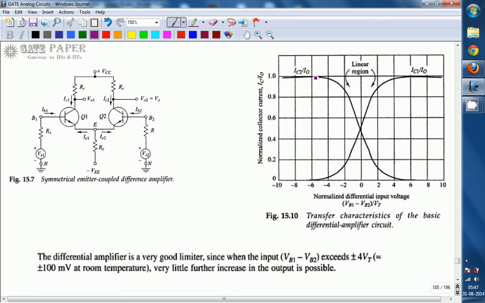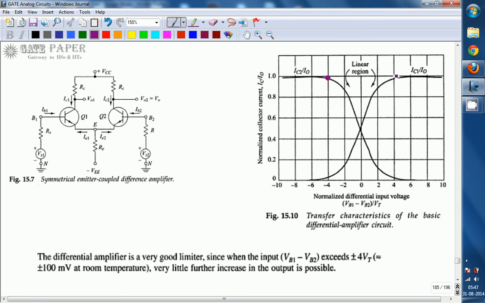If no input signal is applied, because of biasing you will get some currents. We assume that current as I0. IC1 by I0 and IC2 by I0 are normalized versions, so don't bother about whether it is the normalized or normal collector current.